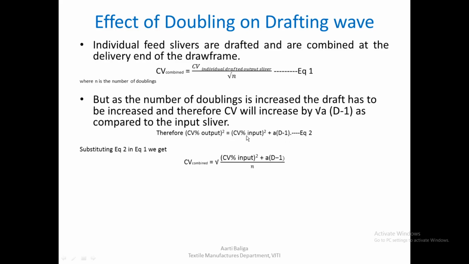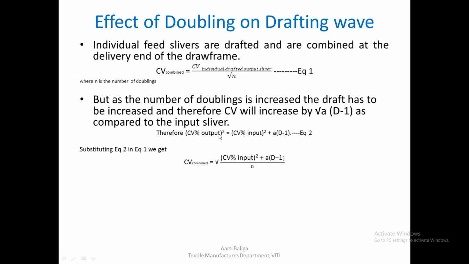So suppose I were to substitute this equation in equation number 1 here, instead of the individual drafted output sliver. CV output here means the CV of the output sliver, which is made out of the individual input sliver.